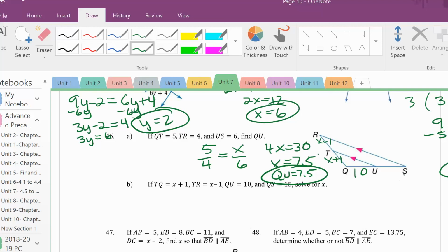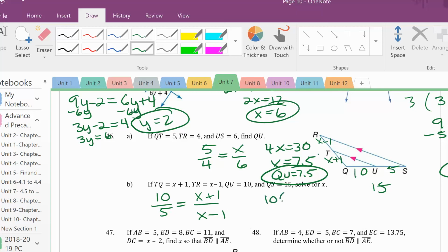And then QS is 15. So that means that this one is 5. So that means 10 over 5 is equal to x plus 1 over x minus 1.